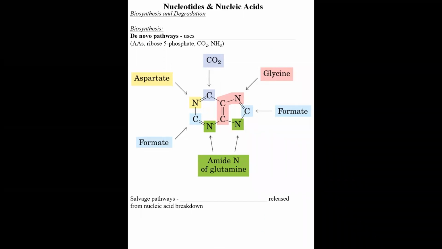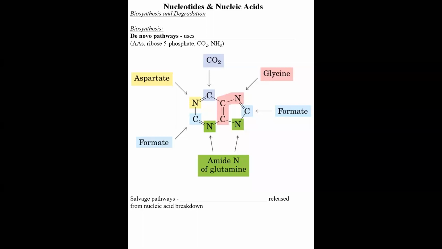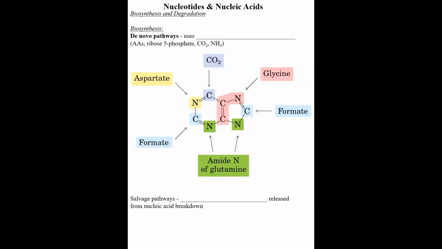De novo pathway means synthesis of purine or pyrimidine from basic precursors, and salvage pathway means recycling of these pyrimidine or purine rings from already present precursors. So this is the basic difference between de novo and salvage pathways.